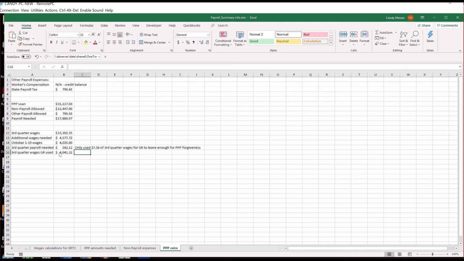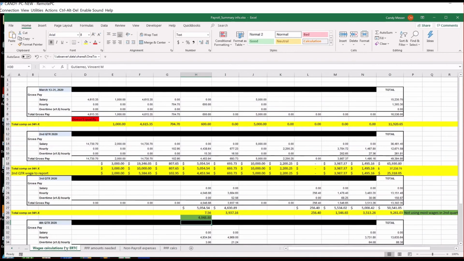I calculated what I was using from one of the employees in the third quarter, and I'll show you that calculation in a minute. But I was using $4,041.32, and then from other employees, the $542.12 total. So when I go back here to the employee retention tax credit, for this employee, we had $4,048.88.